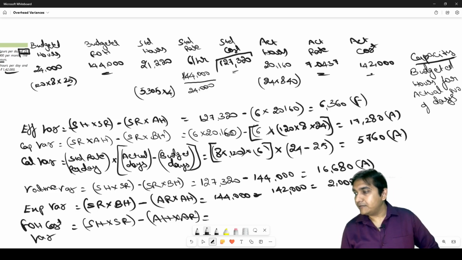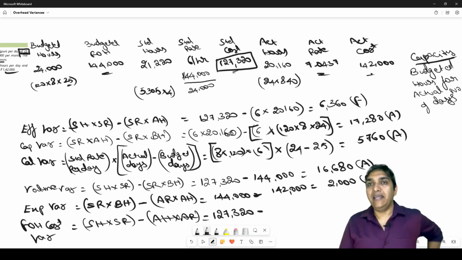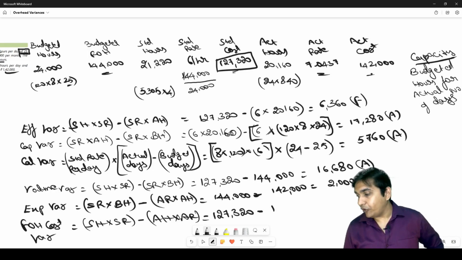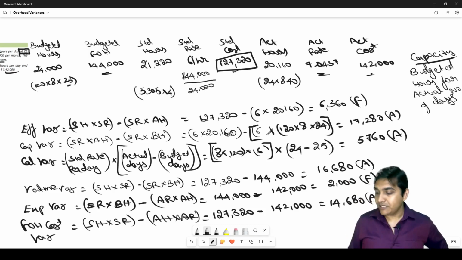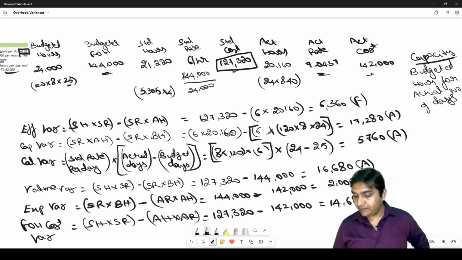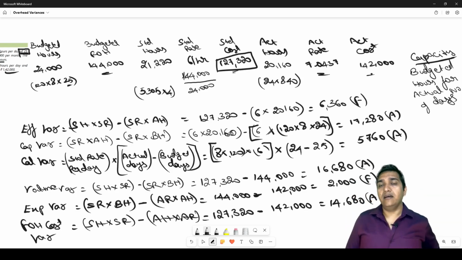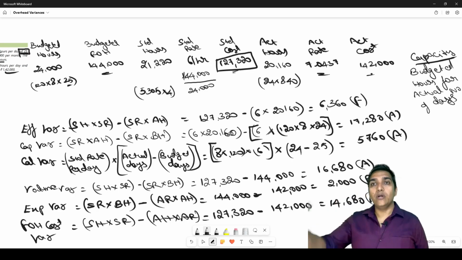This figure, 1,27,320 minus my actual cost, which is 1,42,000. This will come to 14,680 adverse. You can check on your calculators. 14,680 adverse, right?